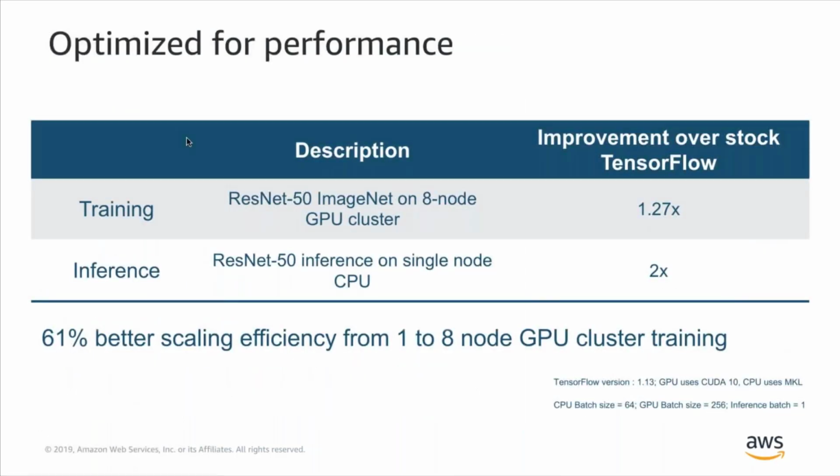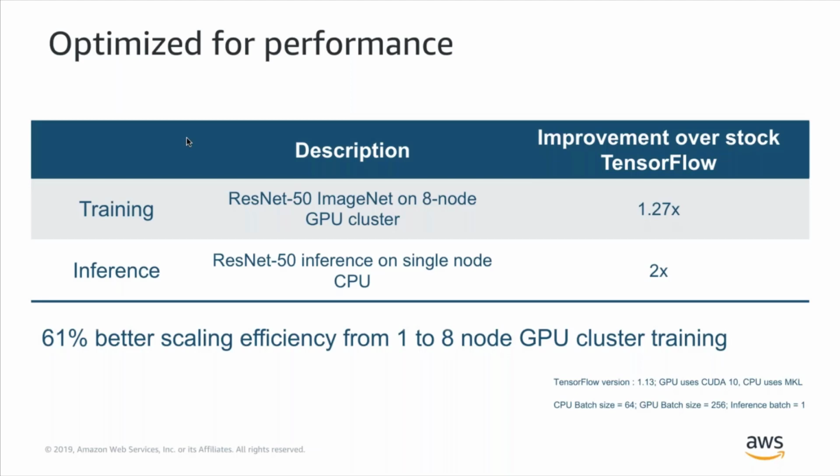Now, deep learning containers pack the same optimizations to frameworks that we offer in Amazon SageMaker, our fully managed service, as well as the deep learning AMIs. So when you train ResNet 50 on an 8-node GPU cluster, you see a 27% increase, which lowers both your cost to train and your time to train.